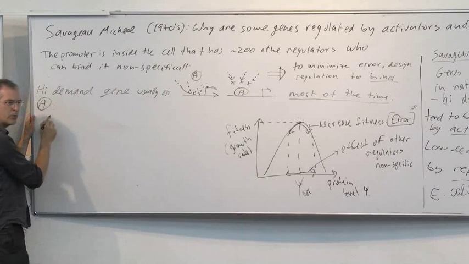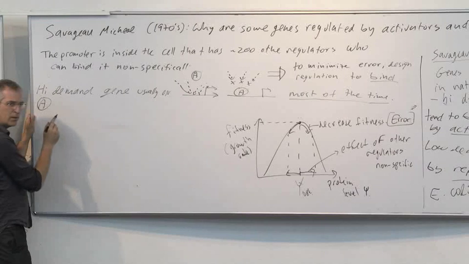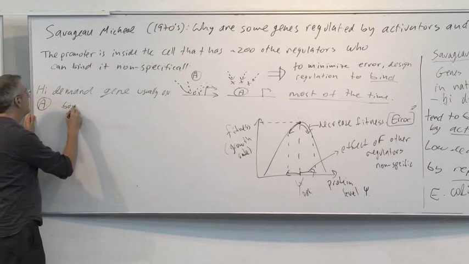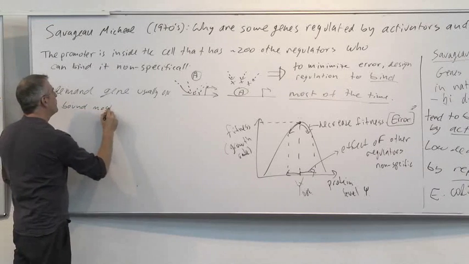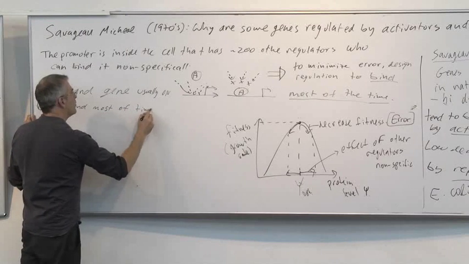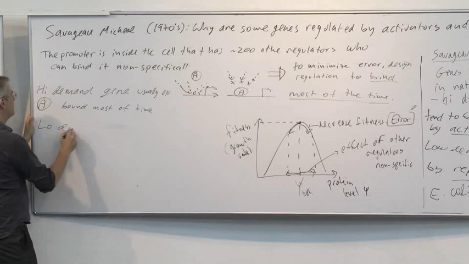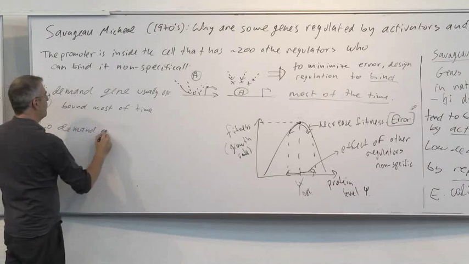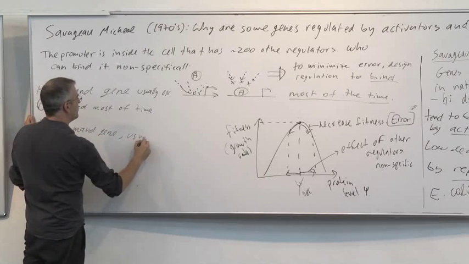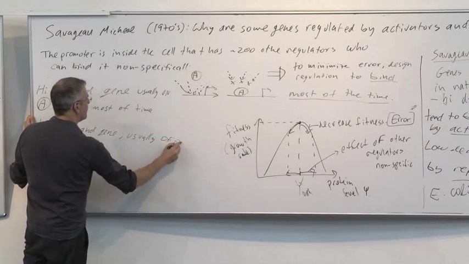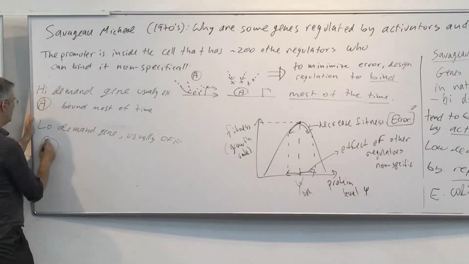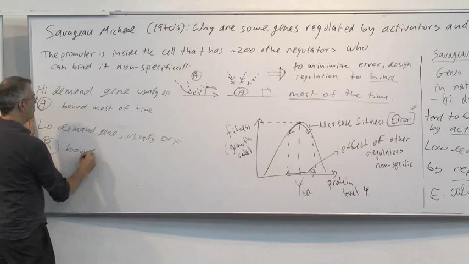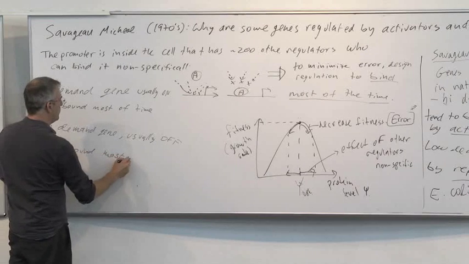So the activator mode of control is bound most of the time. For a low demand gene, which is usually off, the repressor mode of control is bound most of the time.